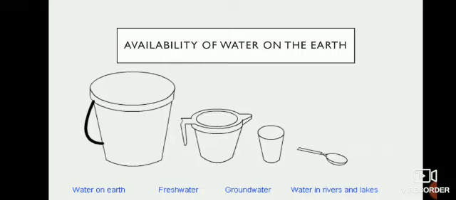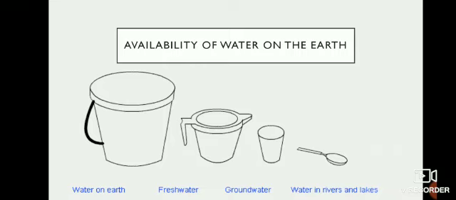Now you have to take a bucket, a mug, a tumbler, that is a glass tumbler, and then a spoon. Now take 20 liters of water in this bucket, that means the bucket will store 20 liters of water in it.